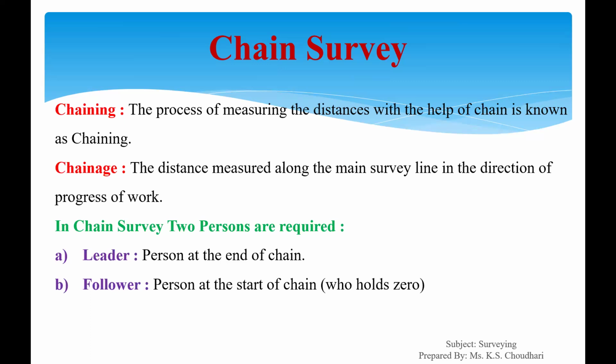In chain survey, 2 persons are required, leader and follower. Leader, the person who is at the end of the chain, and follower, the person at the start of the chain who holds the zero.